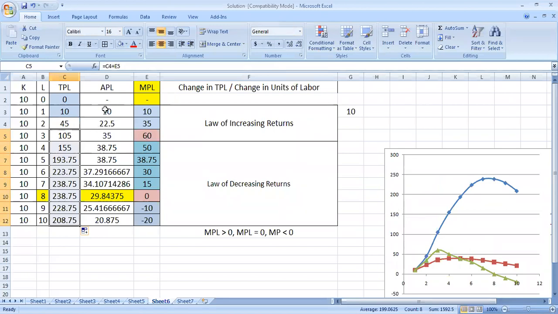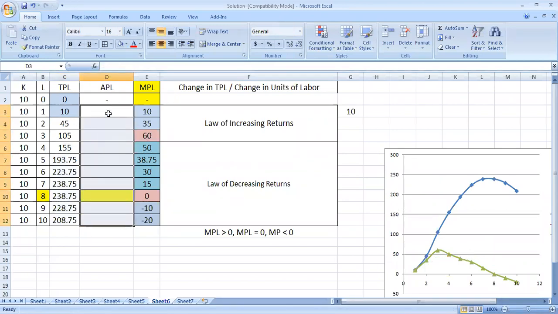How do we find out average product of labor? We just need to divide the total output of labor by units of labor. I've just selected 10, then divided it by units of labor: 10 divided by 1, answer should be 10. 45 divided by 2, it should be 22.5. 105 divided by 3, it should be 35, right?